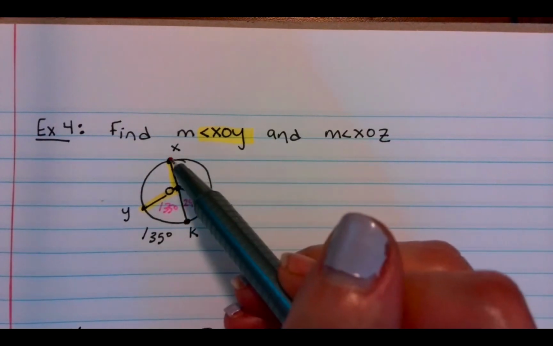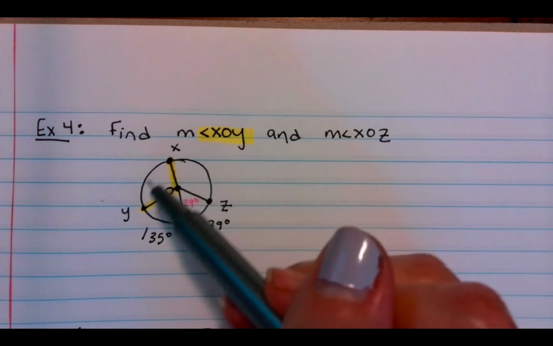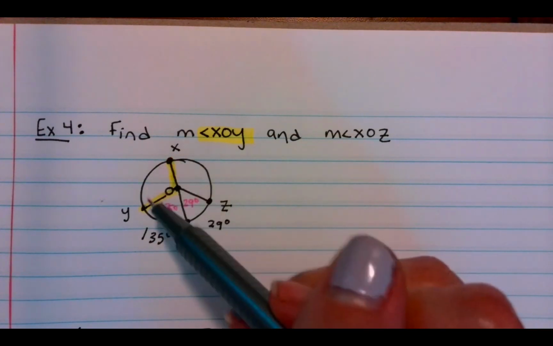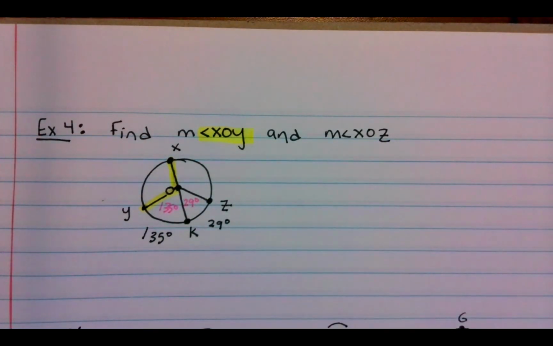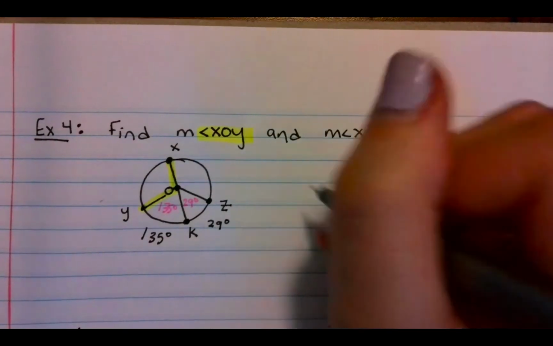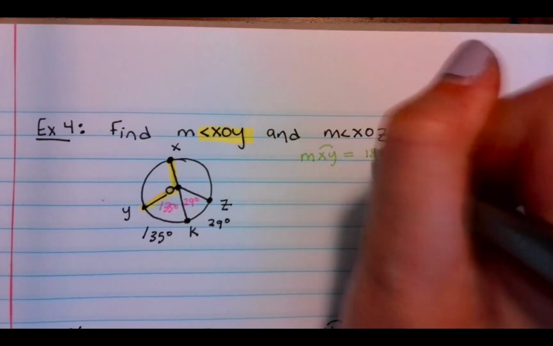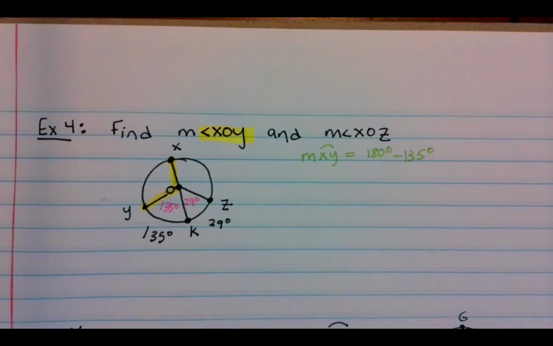Now something you should notice is that XYK here is a semicircle. So that means that whole thing is 180 degrees. So to find arc XY, we would just subtract 180 minus 135. So the measure of arc XY is going to be 180 minus 135. Once again, please keep in mind, not drawn to scale.